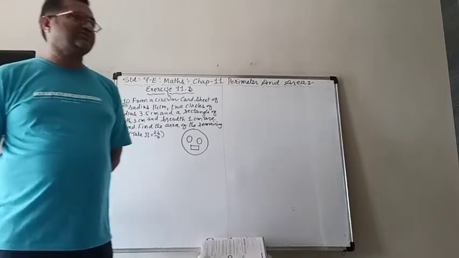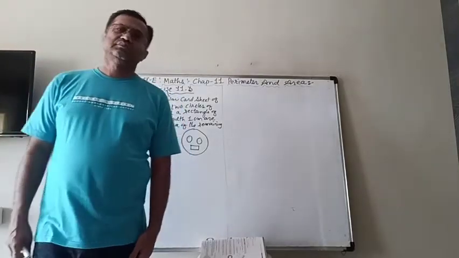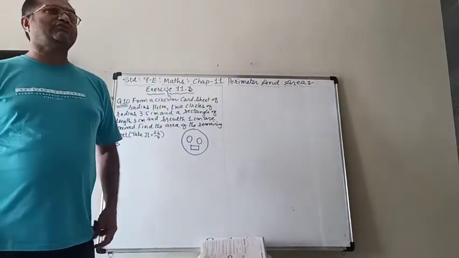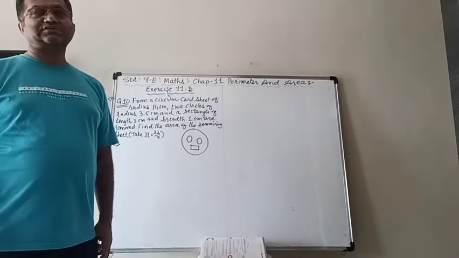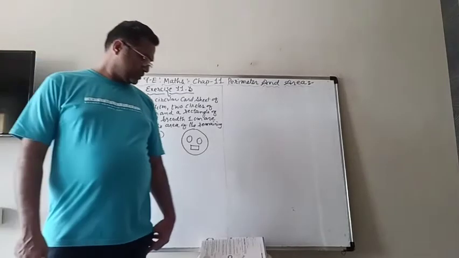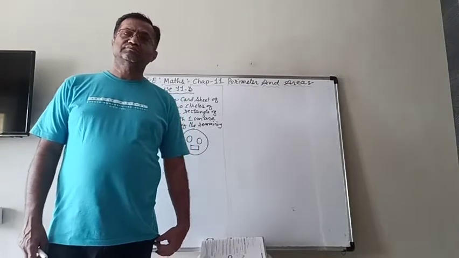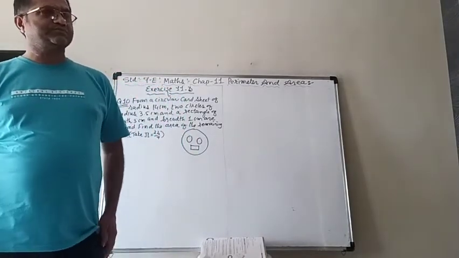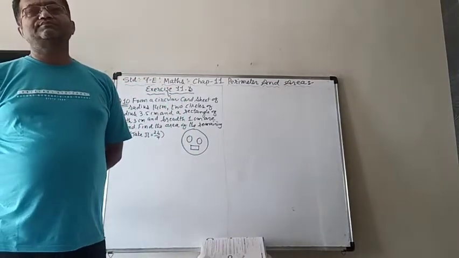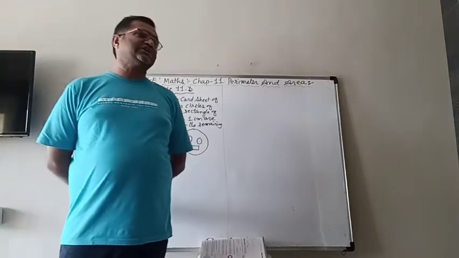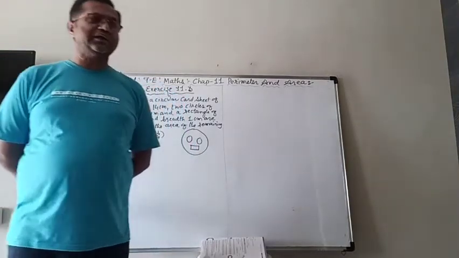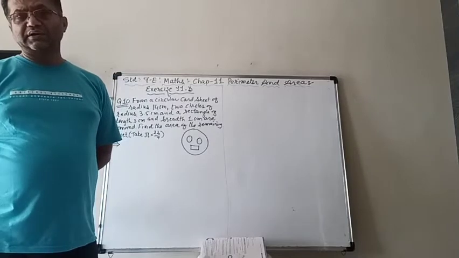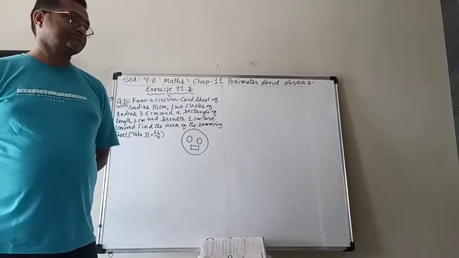We learn the formulas of perimeter and area of square and rectangle and some other figures. Also we learn the circumference and area of the circle and semicircle.